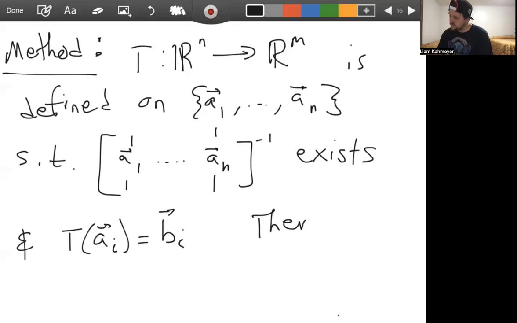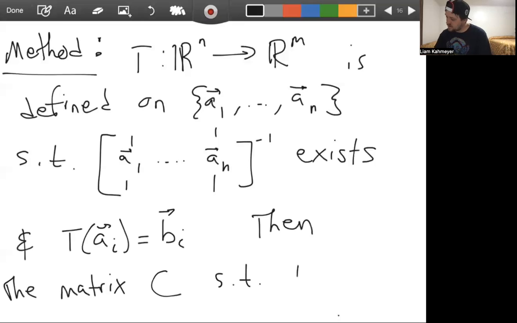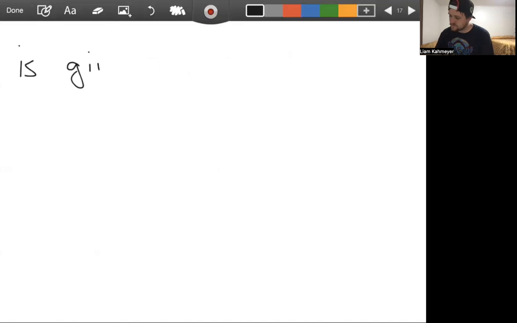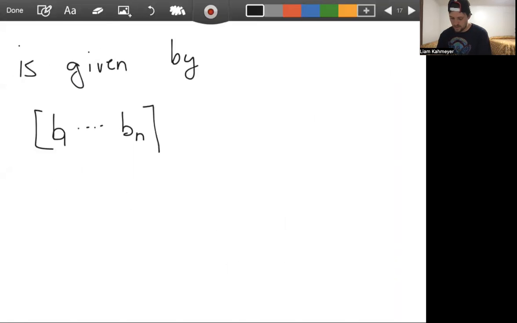Then the matrix C such that T of X equals CX is given by, well, let's say these BIs, B1 through Bn, these will also be column vectors, right?